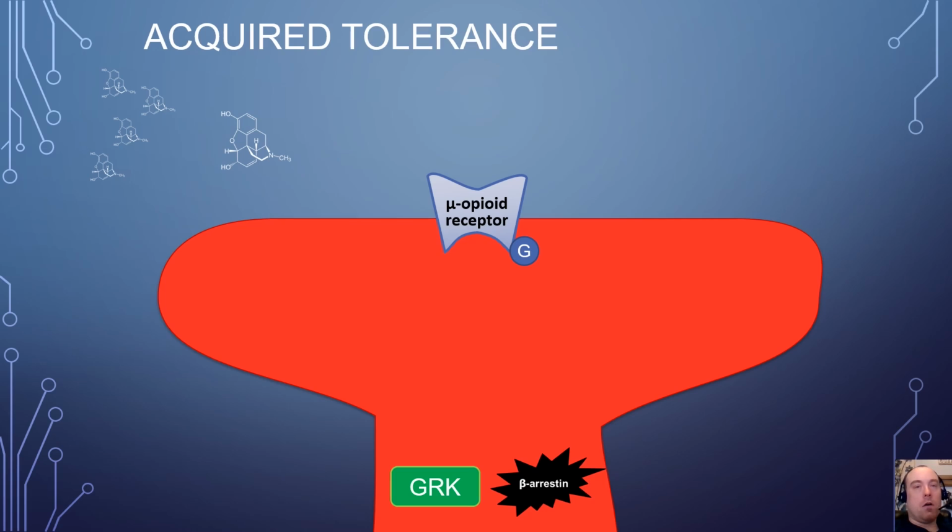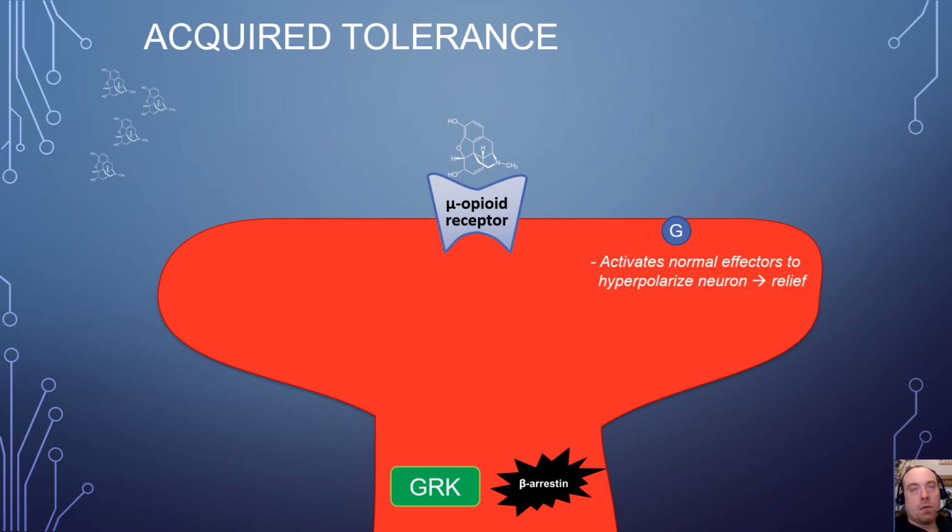First of all, when the patient's just starting it, it's doing what it's supposed to do. Without getting into a terrible amount of detail, the opioid receptor is a G protein coupled receptor, so it does activate a G protein, which will activate its normal effectors, which ultimately, I'm going to show this turning blue here. The blue is symbolizing that you're getting pain relief.